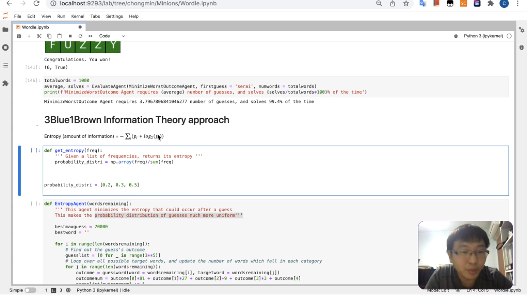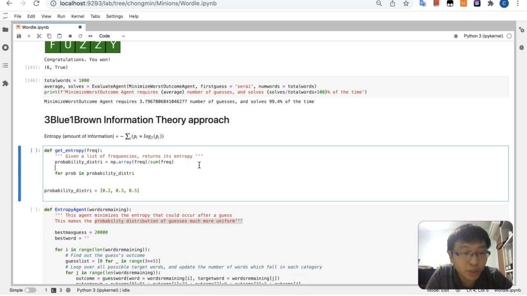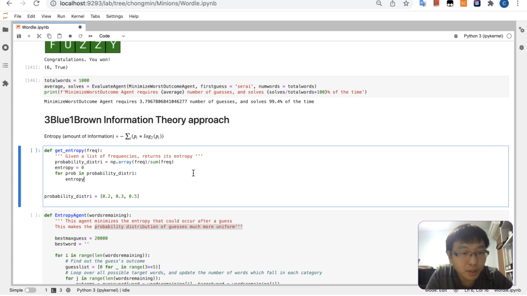So we can just do, for prop in the probability history, we can get the sum. Let entropy be 0, and then we need to get the prop times log 2.